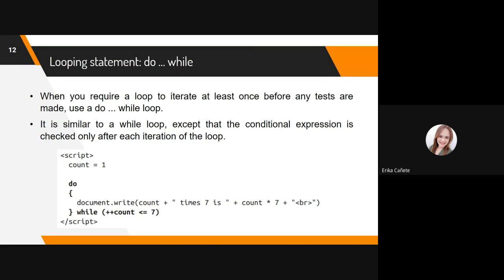So 2 times 7 is 14. And so on until it reaches the condition wherein the count variable is equal to 7. After that, the value of the count will be 8, considering that it increments by 1, and it will not satisfy the condition that the variable count is less than or equal to 7.